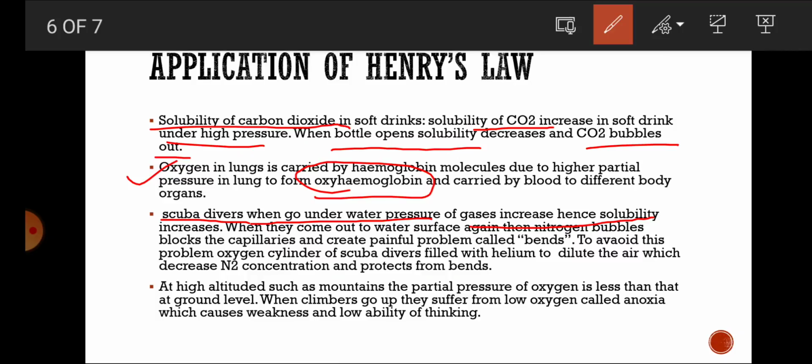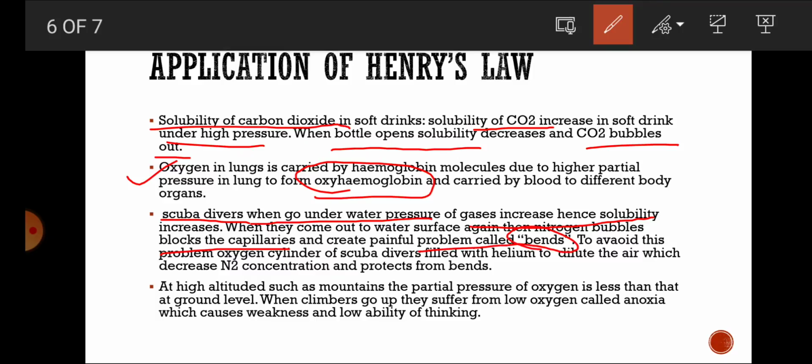When the nitrogen comes out from their blood, it blocks the capillaries. The nitrogen, which is present in the oxygen cylinder, causes a painful problem called bends.